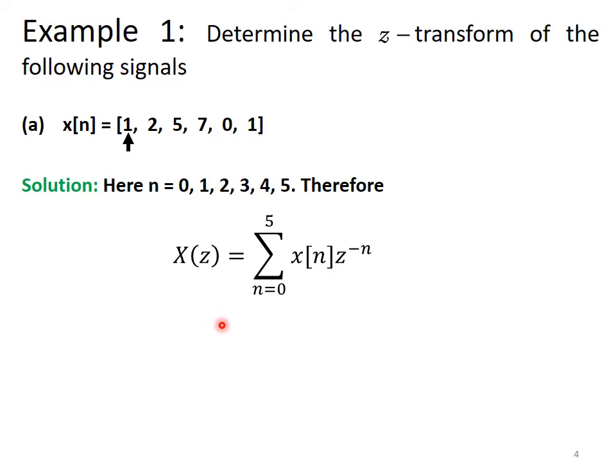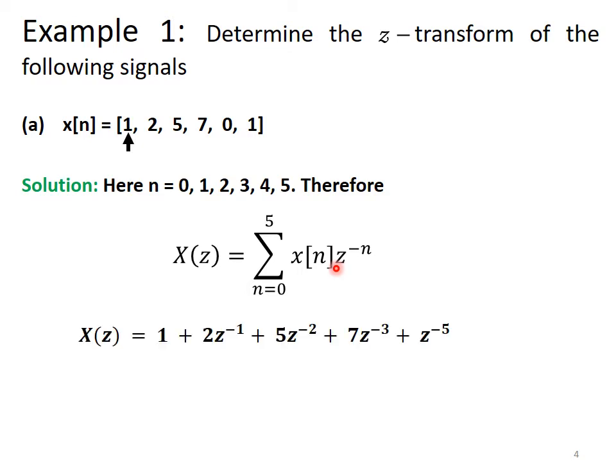Now you can substitute the values. For n equal to 0, x of n is 1 into z power minus 0. Then n equal to 1, x of 1 is 2 and z power minus 1, and so on up to n equal to 5.